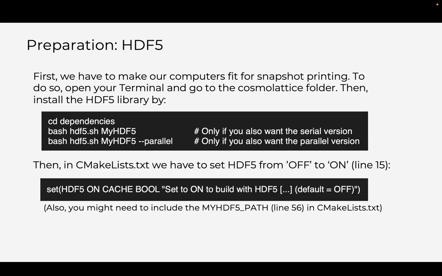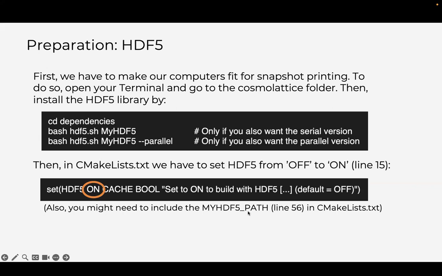Then what you need to do more is put in your CMake list file here this option, which is originally set to off, and you need to put it on, so that your HDF5 library is enabled in principle.